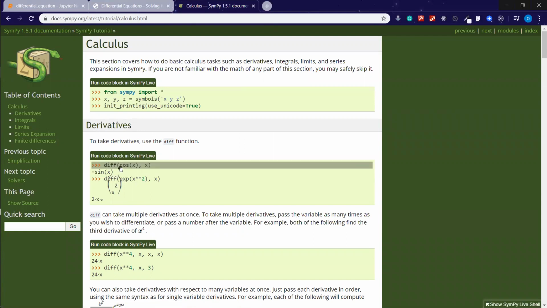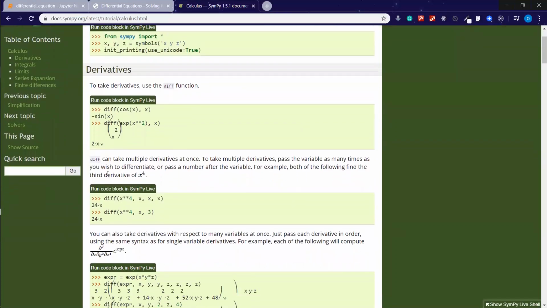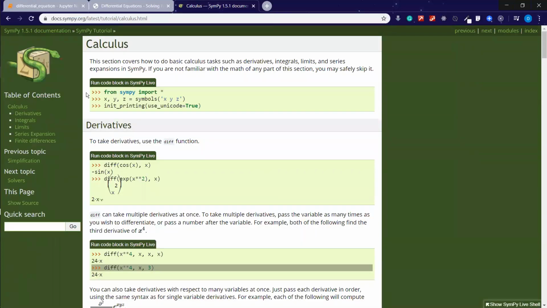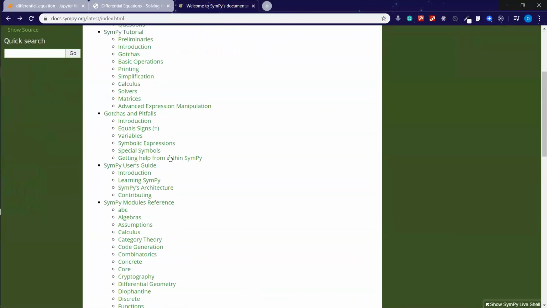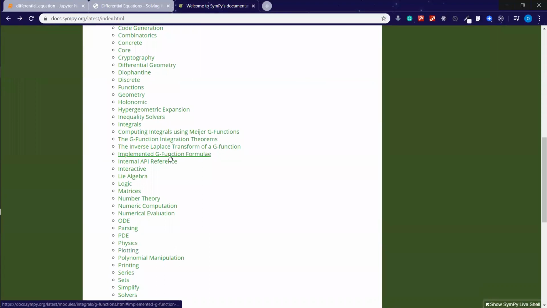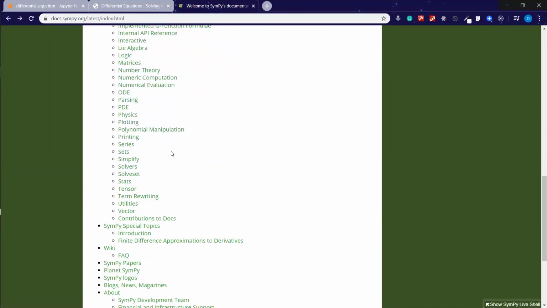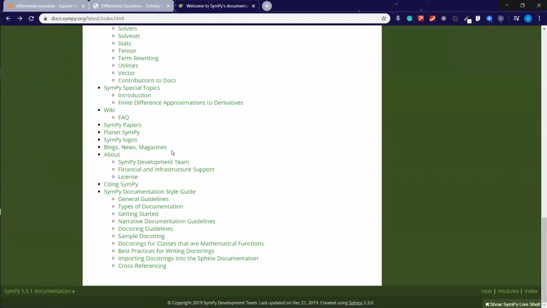This is just a way of differentiating cos x with respect to x, and of course, you know that is sin x. The documentation is quite detailed, and of course, Python is very easy to follow.